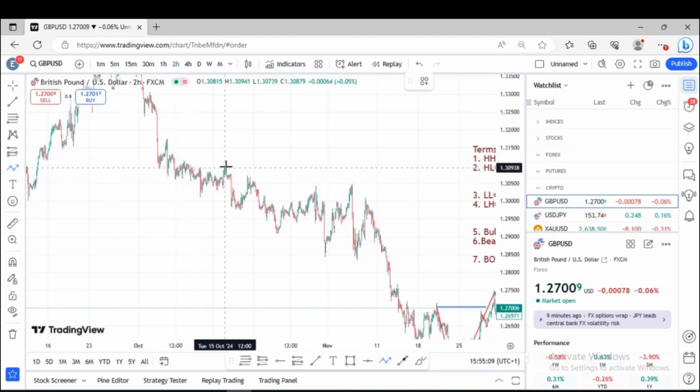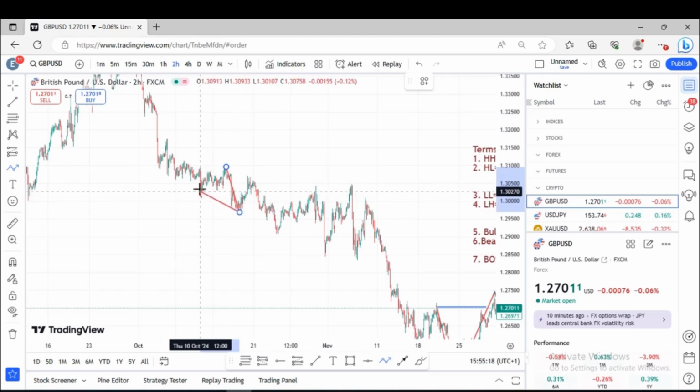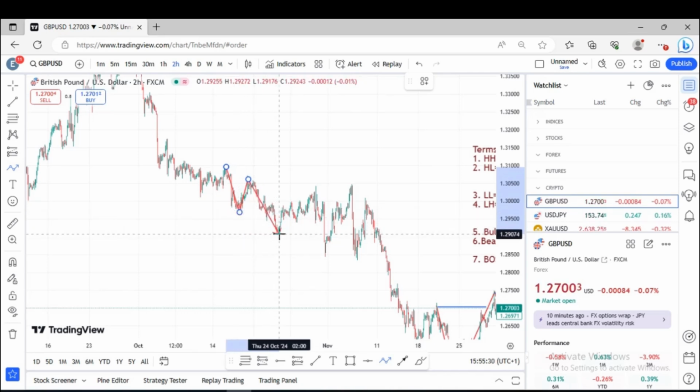Here the market created a lower low, then a lower high, then another lower low, breaking this structure, creating another lower high, then breaking this structure, creating a lower low, then a lower high that is not above this one, then breaking this structure, moving down, creating another lower high, lower low.